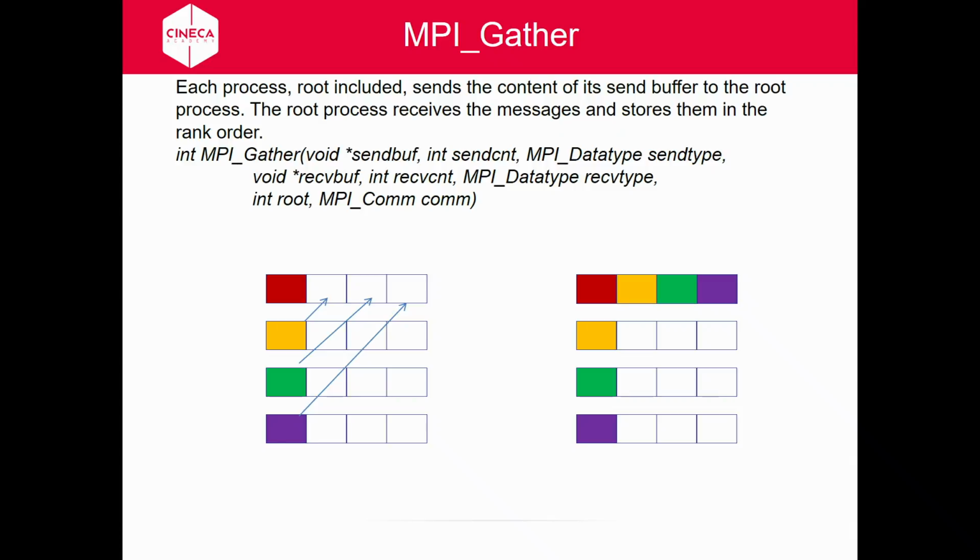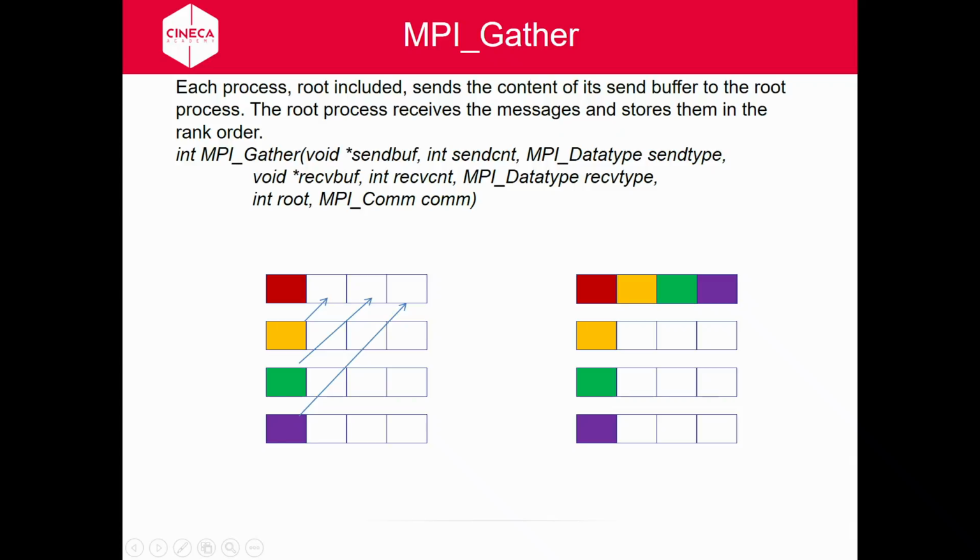With this operation, each processor, each core, each task, as you want, root included, sends the content of a buffer to the root process, and the root process collects all the information that it receives, maintaining the order of the CPUs.